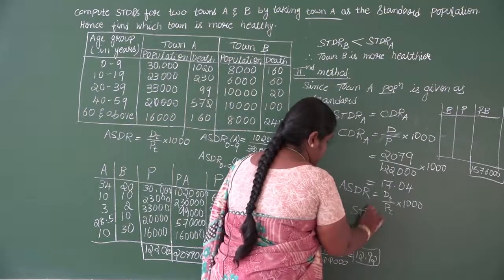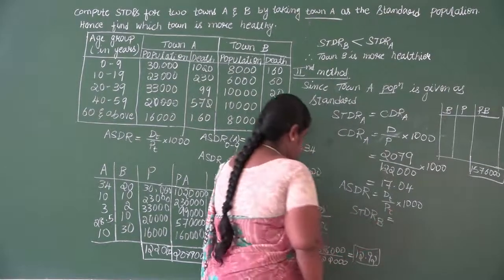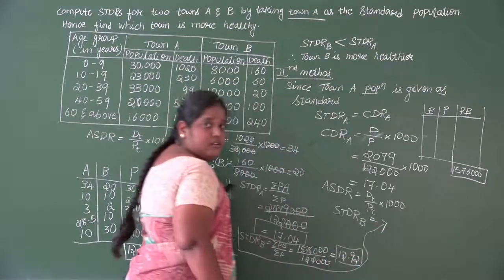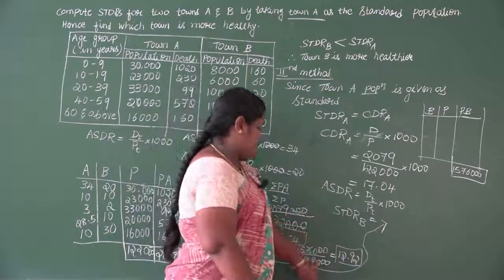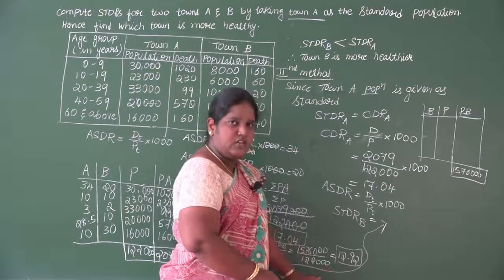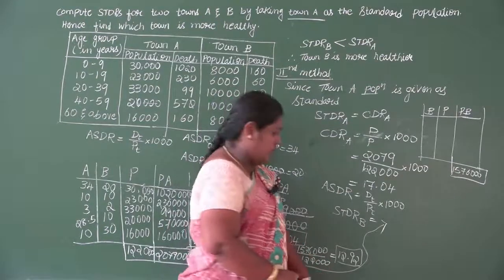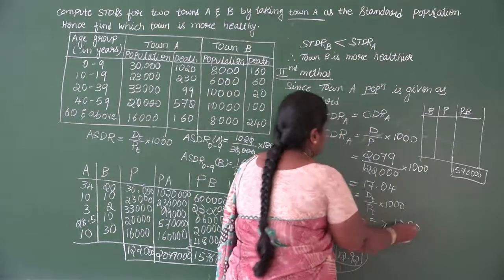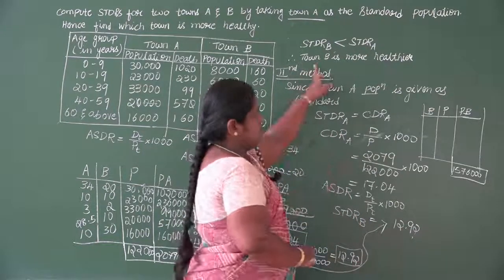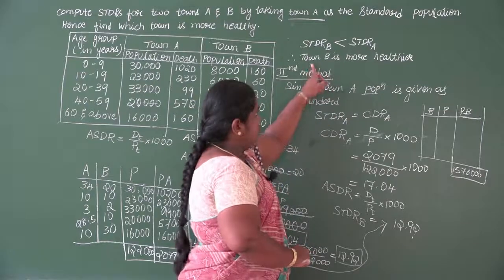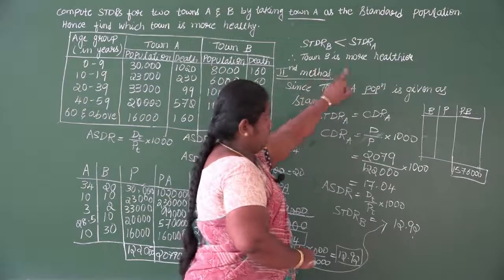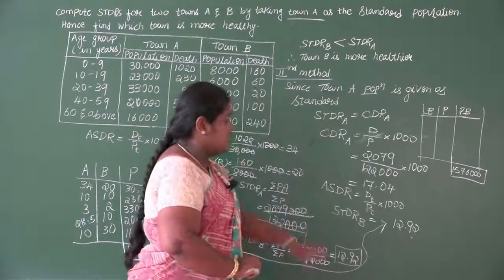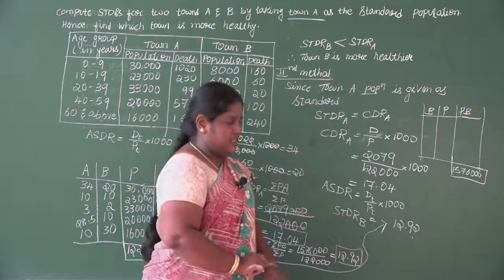So after that, STDR of B. Again, this one you'll write it here. So it is 1576000 divided by 1,22,000. We'll get it as 12.92. Then for writing the conclusion, it is similar to the previous one where we have written town B is more healthier, because town B population standardized death rate is lesser.